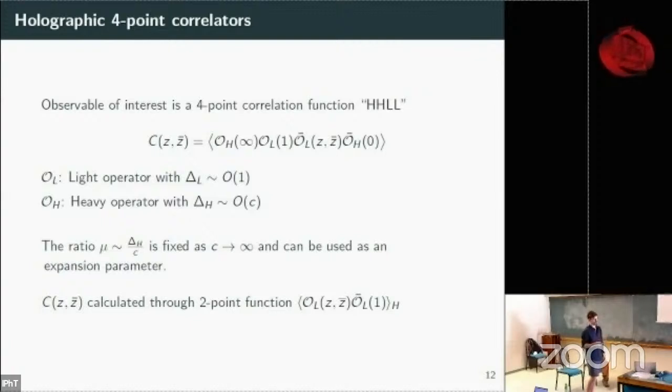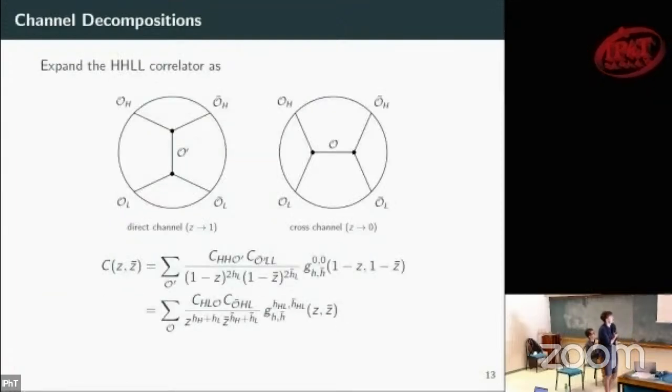We don't need to make very simplifying assumptions like reducing a full correlation function down to one Virasoro block or something like this, which is kind of what you have to do if you don't have access to what we have access to in this setup. Okay, so what can we do with this correlator?